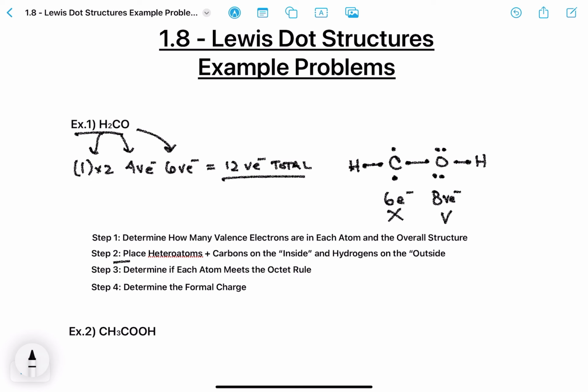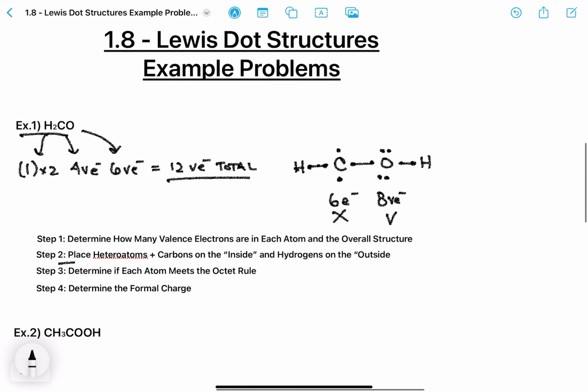Here's what I'm going to do instead. We'll go ahead and move over. We have carbon on the inside again, oxygen on the inside again. But instead, I'm going to put the H's on the outside of the carbon only. Instead of one on the outside of each, I'm going to put the H's both on the carbon.